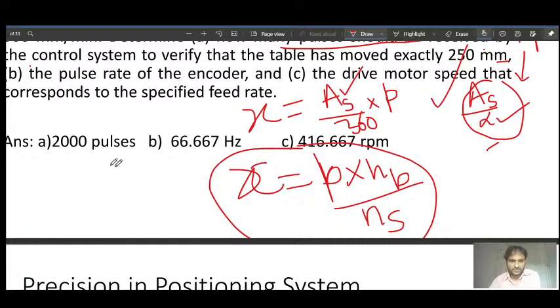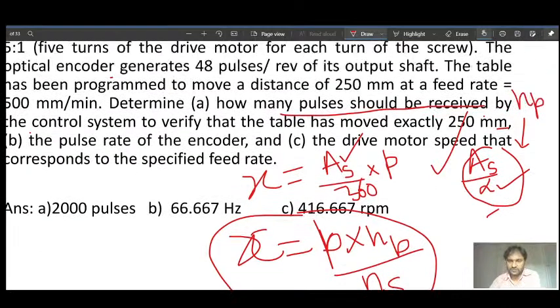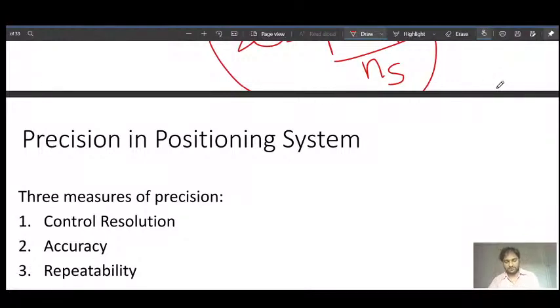X is your linear movement, it is 250, yes, 250.